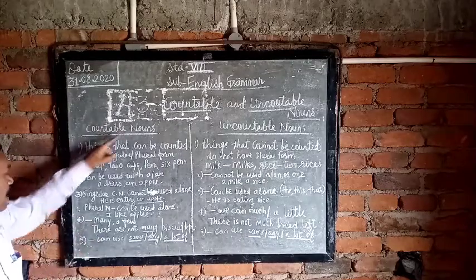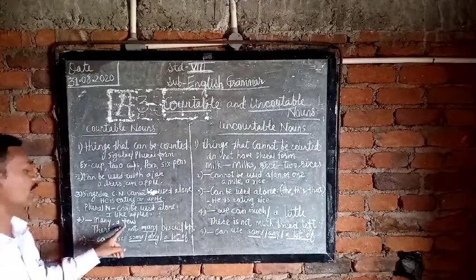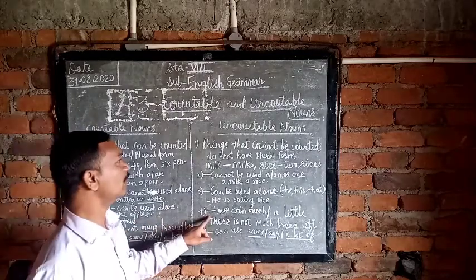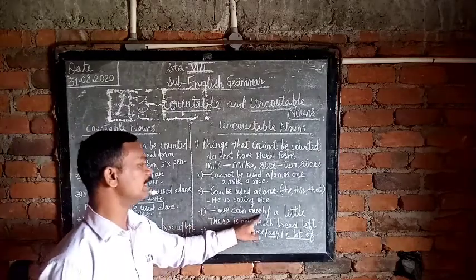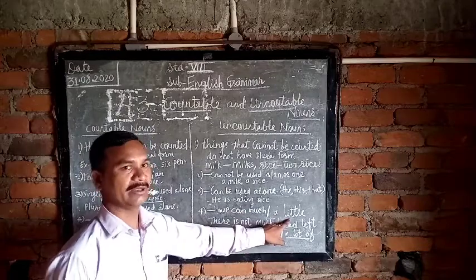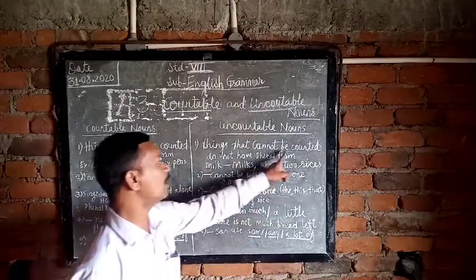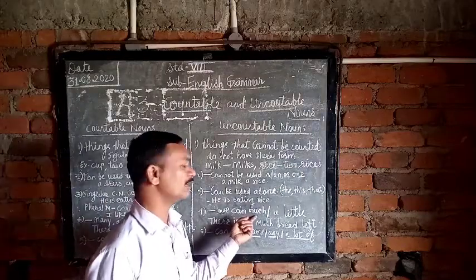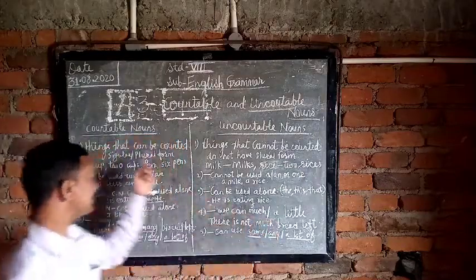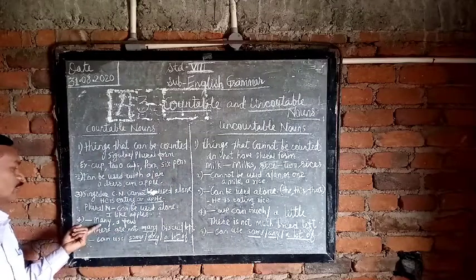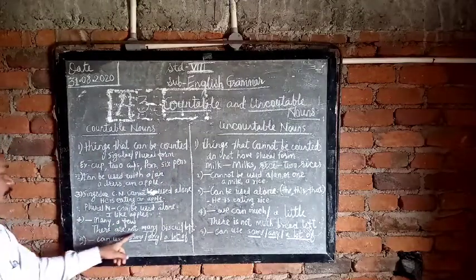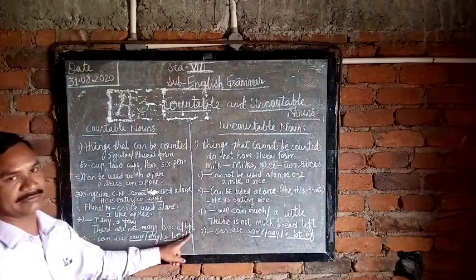With countable nouns, we can use many or few. And with uncountable nouns, we can use much and a little. Everyone knows that uncountable cannot be counted, so we use much, a little. And these are counted things, so we use many or a few. See the example: There are not many biscuits left.